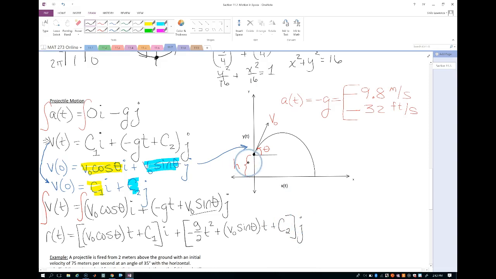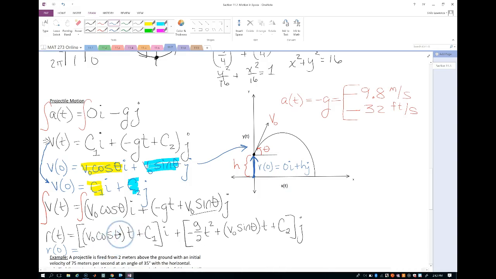Well, we know our initial position. It's always going to be the point (0, h), or as a vector, if we point at our initial position, this vector would have a format of 0i plus hj, which means if we plug 0 into our vector valued function, those should match up, and that's going to allow us to solve for C sub 1 and C sub 2.